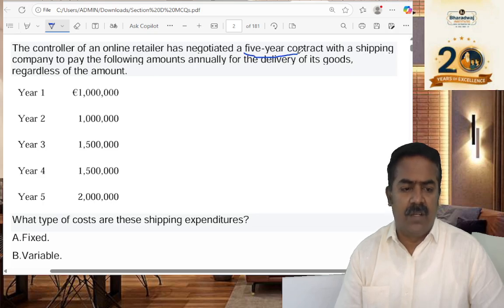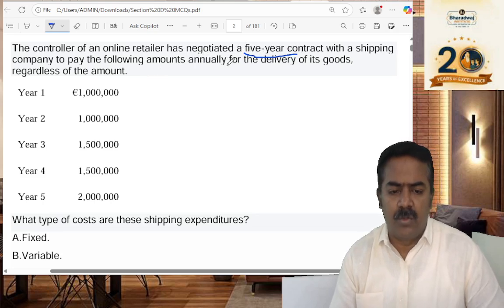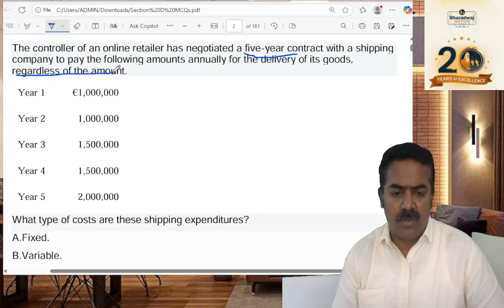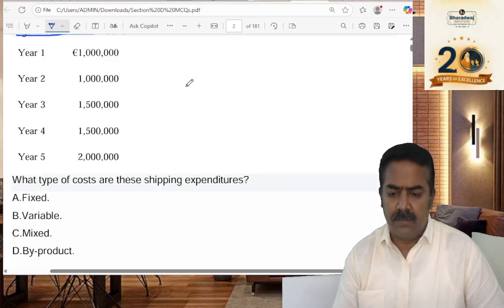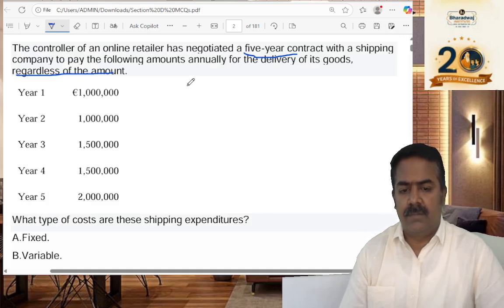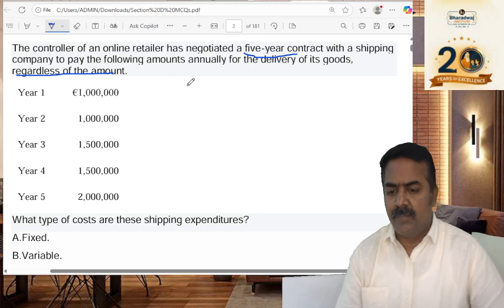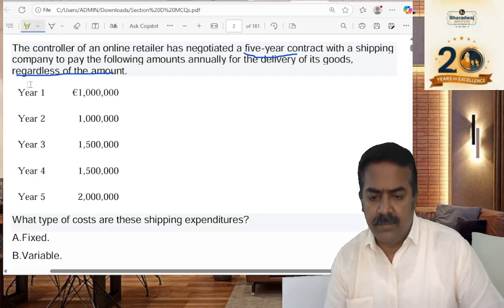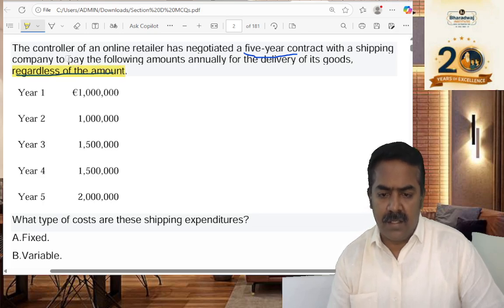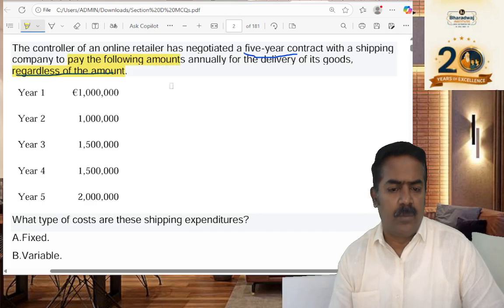There is a 5-year contract with the shipping company to pay the amounts annually for the delivery of the goods, regardless of the amount. It's a contract to pay the following amounts.